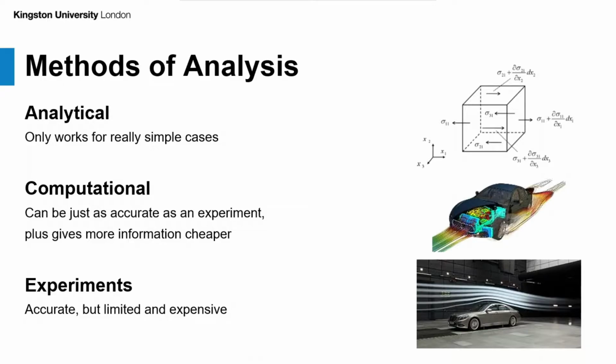In between, you have the computational approach, which uses the analytical equations that we have, converting our model into a simpler model so we can apply them, and tries to replicate what we used to do in experiments using software. This one is much cheaper, of course, because we do it through the computer. It can also be as close in accuracy to the experiments, depending on how you run it.